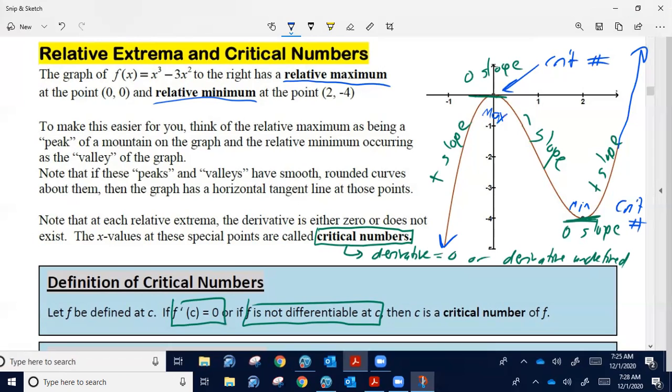There's definitely something higher off to the right, but that's definitely a max in its area. And same thing here, this minimum value on the right side of the problem is not the lowest point in the problem. Over on the far left, it gets a lot smaller. It's just a minimum in its vicinity. So a relative max and a relative min doesn't necessarily mean it's the highest and lowest point ever. It's just a peak or a valley in the scheme of things.